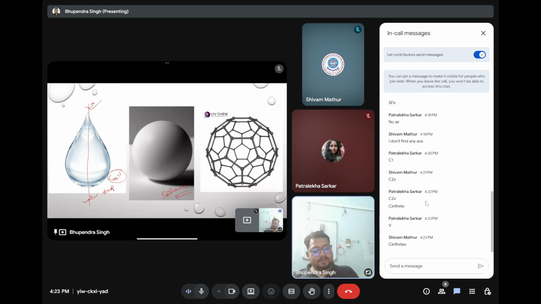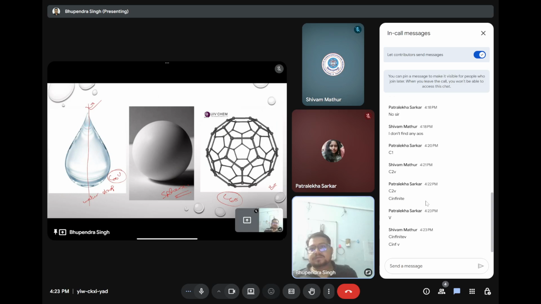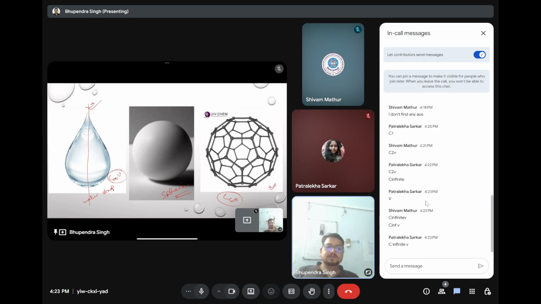And try to find out this fullerene C60. Okay, so if this is your axis, also C infinite. Along this axis you also have C infinite.